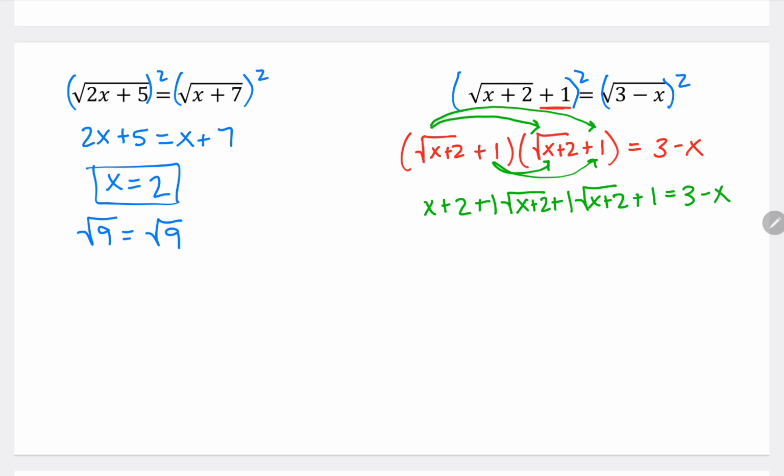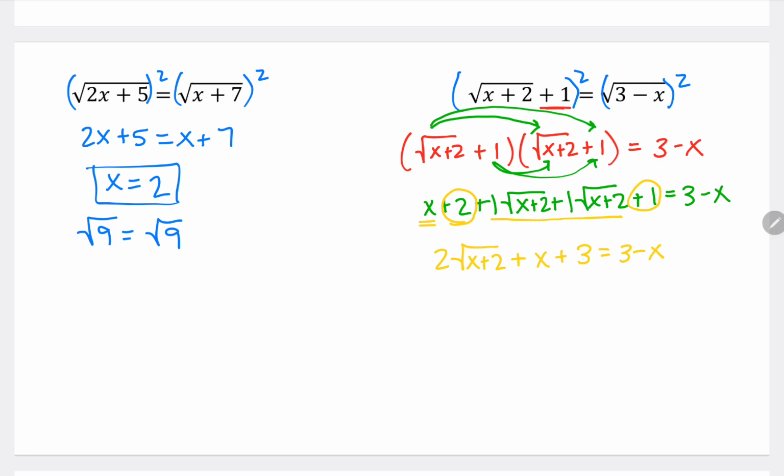All right, I'm going to combine my like terms now. So I have 2 times the square root of x plus 2. I have an x over here. I have this constant and this constant combined to make 3.